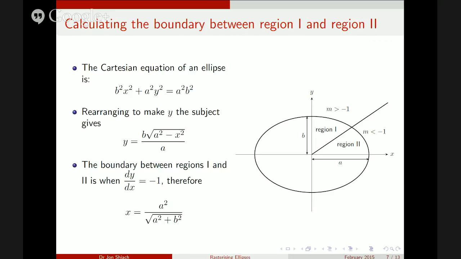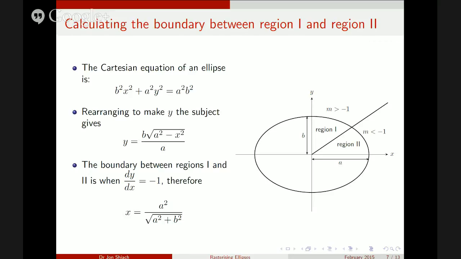So if I square both sides, expand out the bracket, group the x squares together, you get down to x squared is equal to a to the power 4 over a squared plus b squared.